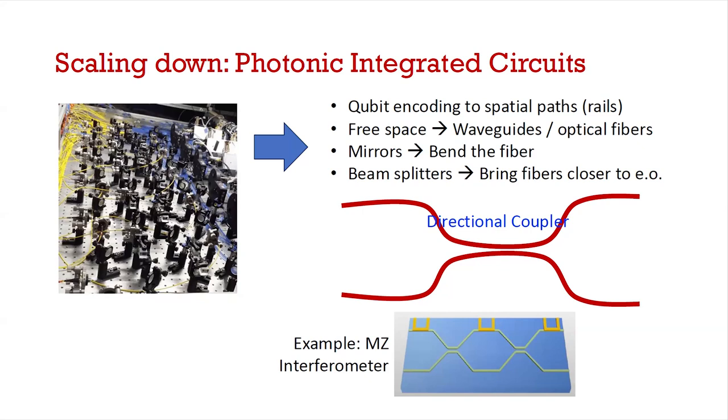So by encoding the qubit not to polarization, not direction, but mostly to paths, we can have very compact on-chip designs, which is called a photonic integrated circuit. So from the Stone Age to the future, this is the way to go, at least the current state of the art.